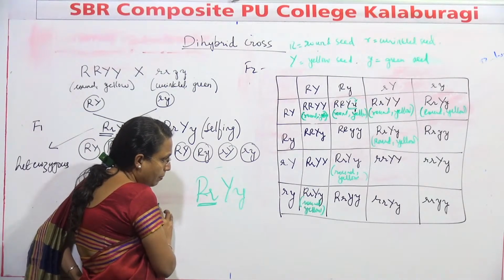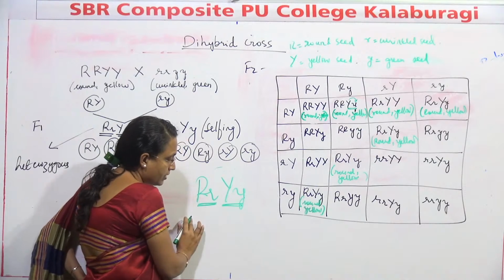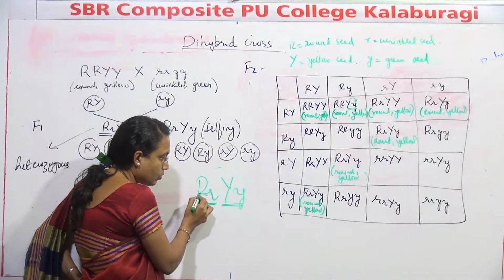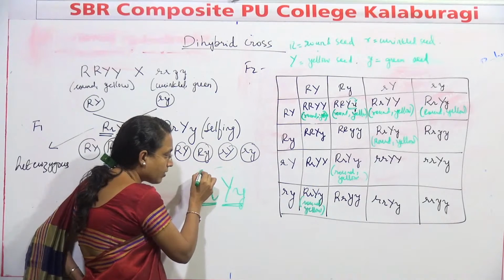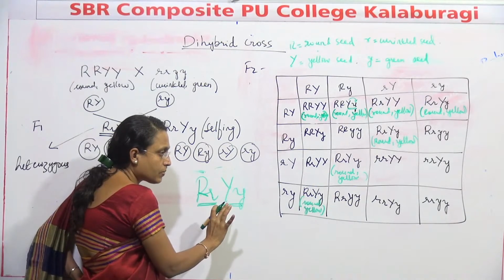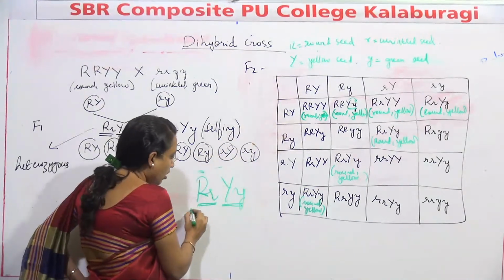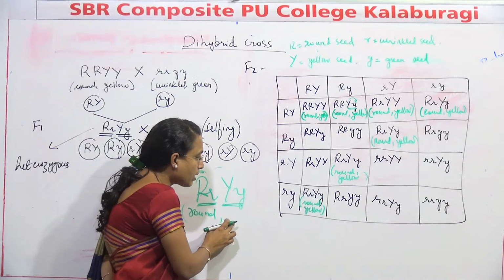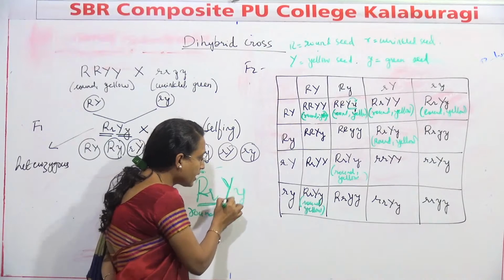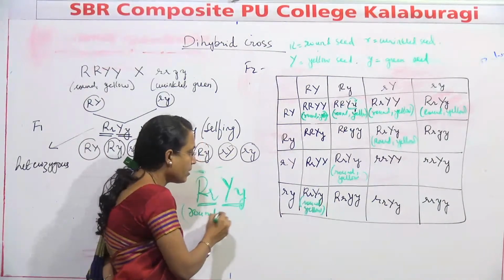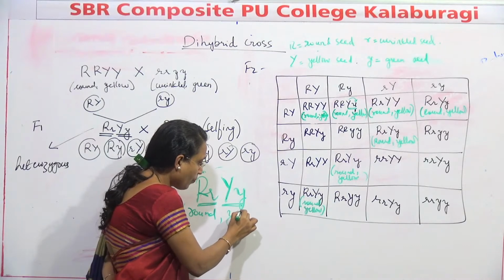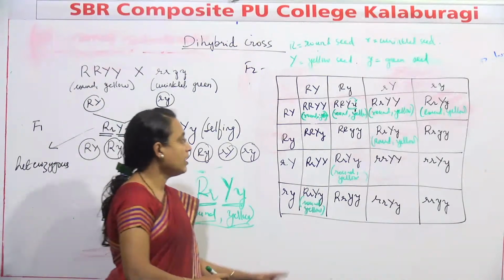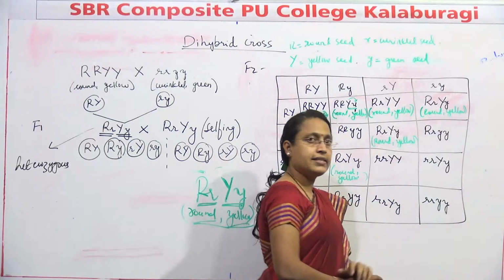So R refers to the shape of the seed, Y refers to the color of the seed. Now this is heterozygous. One is dominant, another is recessive. In heterozygous condition, the dominant character will express, whereas the recessive character will not express. The dominant character is already written, it is round. So see again which is dominant and which is recessive, and whose character will come here. The dominant's character will come. So capital Y's character will come, whereas small y's character is not going to come. Capital Y's character is yellow. So round and yellow will be the phenotype of this diagonal.